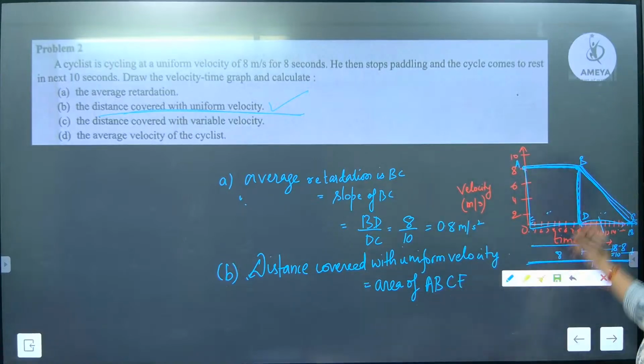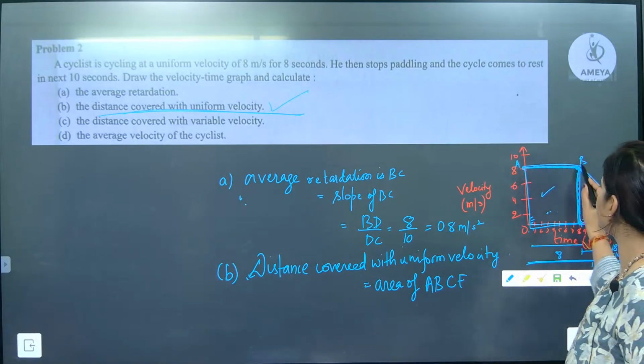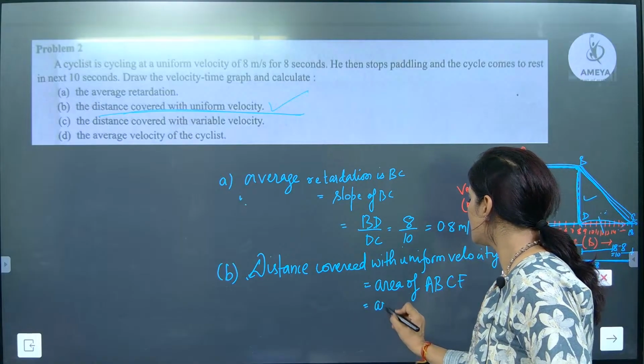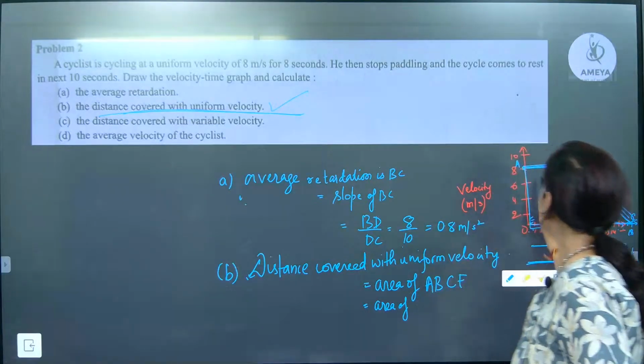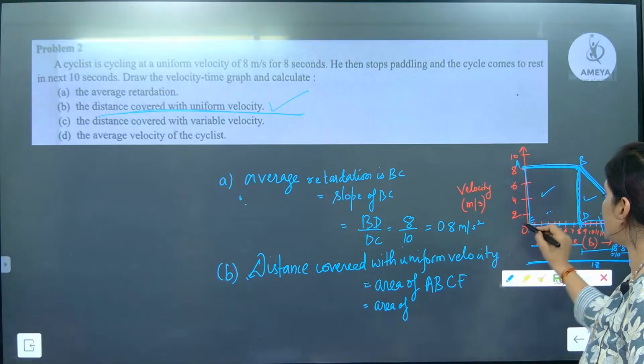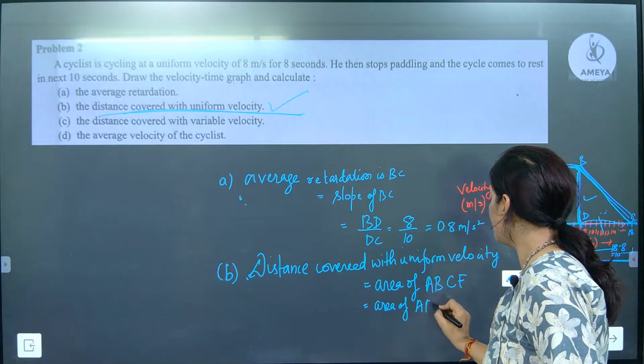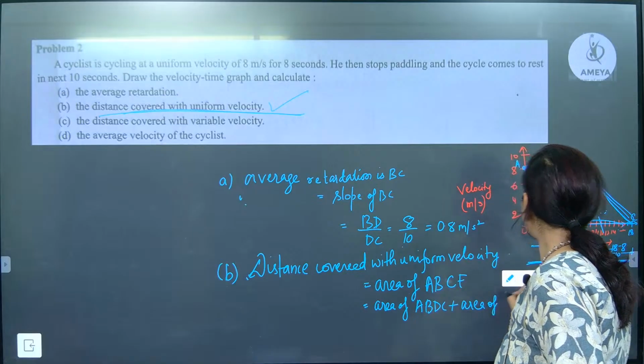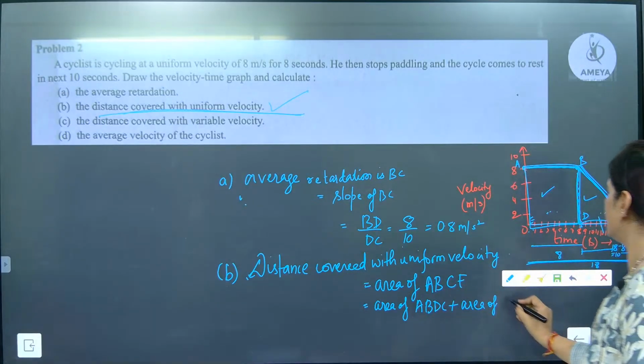That means two figures are there. What are the two figures? This one and this one. So area of this one and area of this one. The area of this is AB into BD. So area of ABDE plus area of BCD.